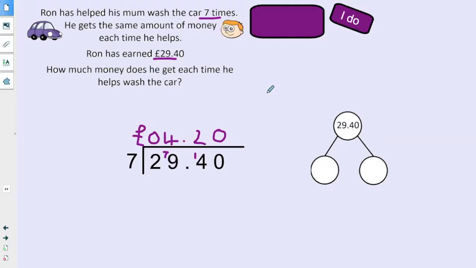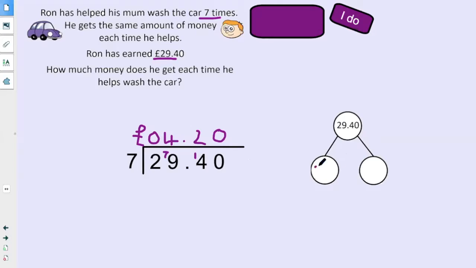Some of you might also use the partitioning method to go through your answer. So I need to think, what can I partition £29.40 into that can easily be divisible by 7? Thinking about my 7 times table, I'm finding the highest multiple.